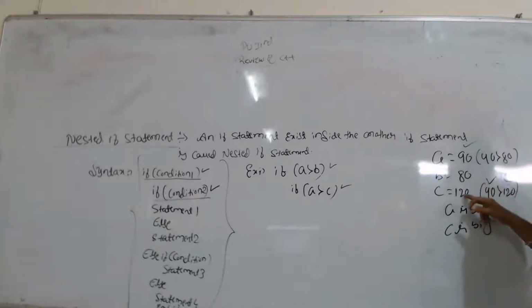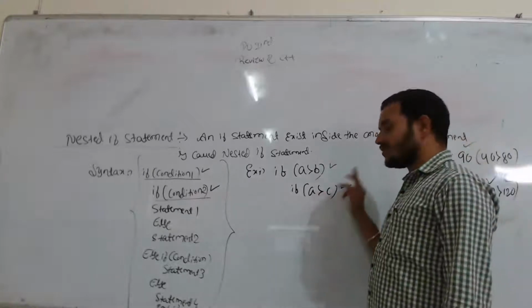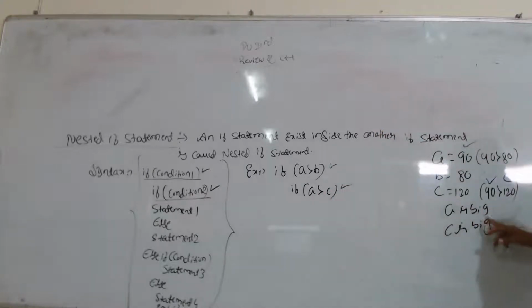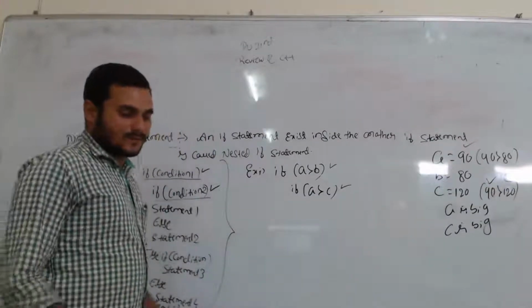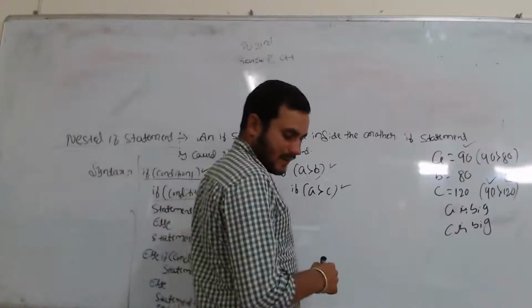Then C changes to 120, so the second time A greater than C is checked: 90 greater than 120, no, smaller. So C is bigger.